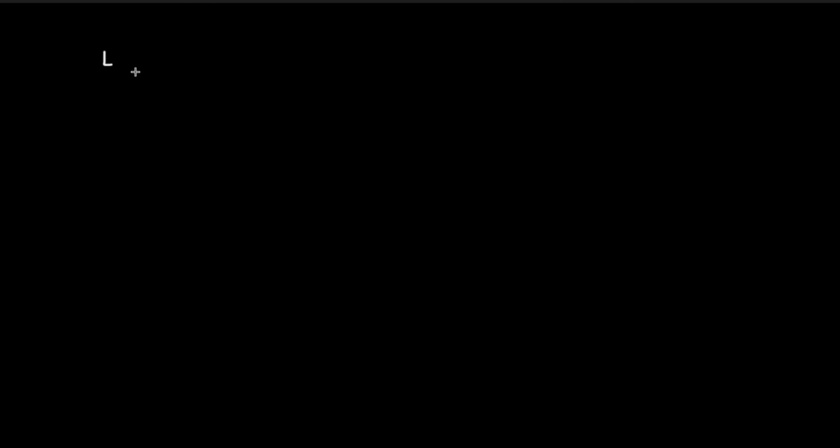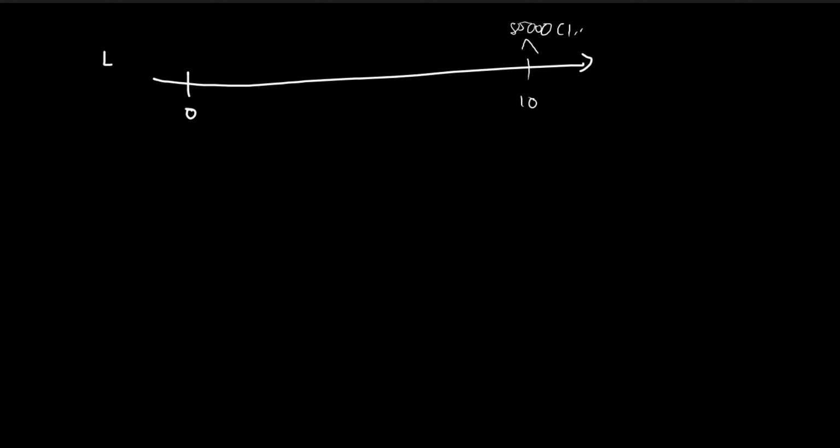So let's draw a diagram to see what's happening. So we have this liability, we have this outflow at the end of 10 years. This outflow is going to be $85,000 times 1.08 to the power of 10, because the company promised to provide 8% interest to the customer. Now for the assets, we're going to have two things.